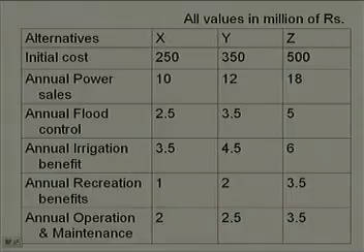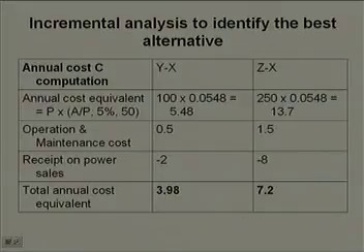So I have to see whether this additional 250 million in alternative Z is giving me a B by C ratio of more than 1. If yes, I will go for option Z. If no, I will be happy with option X. So this is what we do in incremental analysis, and I will show you how it is done.